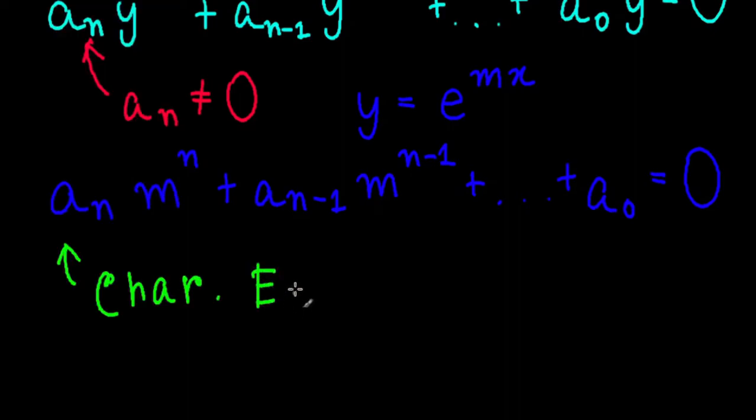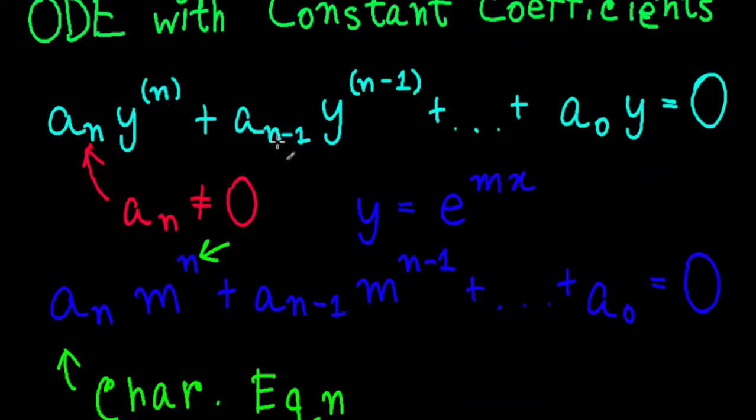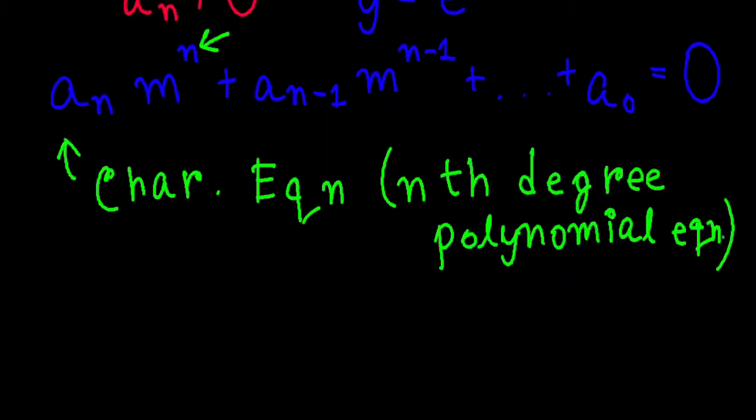Now what's important to note is that our characteristic equation is a polynomial equation, and the degree of this polynomial equation is the same as the order of our differential equation. So the characteristic equation is an nth degree polynomial equation. What does this tell us?